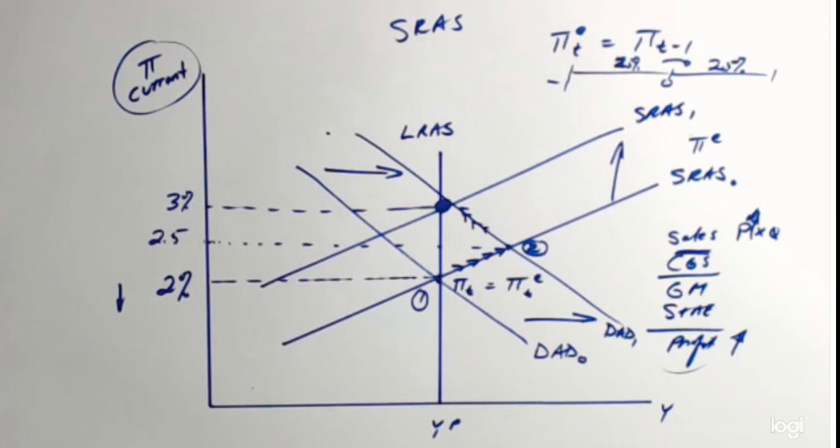Really what it boils down to is semantics. Is a couple of years the short run? I don't have a good answer for that. I often get asked in class, well, what's the difference between the long run and the short run? And the best I can do is tell you that the long run is longer than the short run. It's never defined in these models as to what's short run and long run. You have to use your imagination.